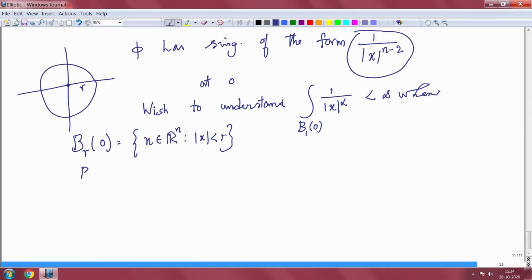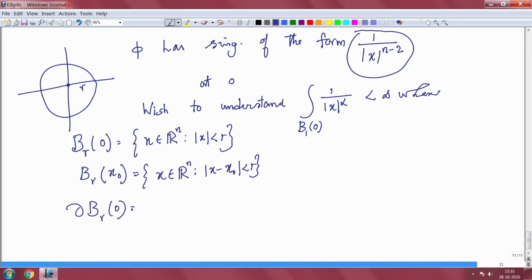Similarly you can define Br of any point x naught. It is the set of x in Rn such that mod x minus x naught is less than r, and its boundary, the boundary of the ball of radius r at 0, is also Sr(0), the surface, which is the set of all x in Rn such that mod x equals r.